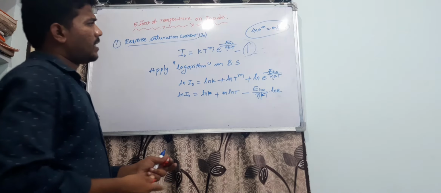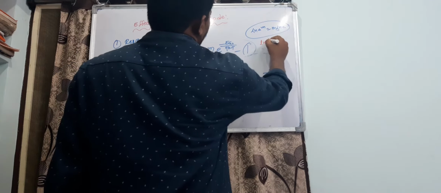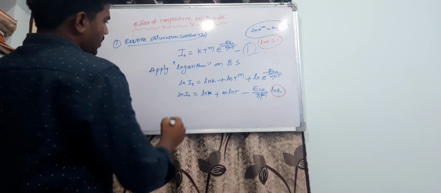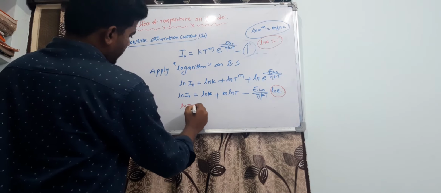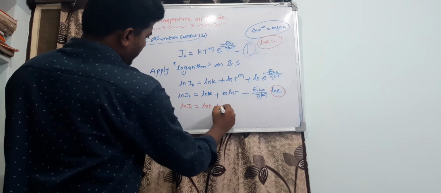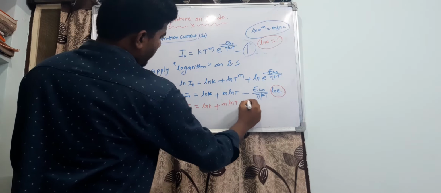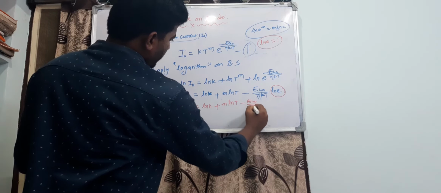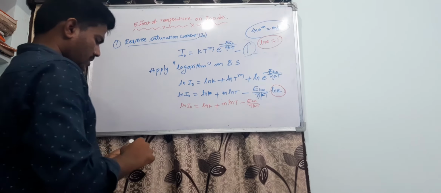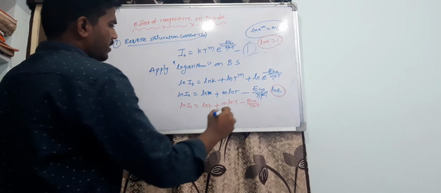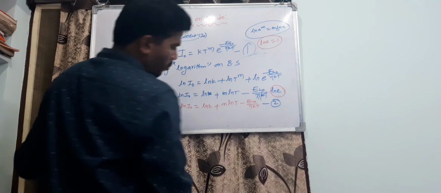Natural logarithm of e will be 1, so I am substituting 1 here. Now ln I0 is equal to ln k plus m into ln t minus Eg0 divided by eta kt. This equation is represented as equation number 2.